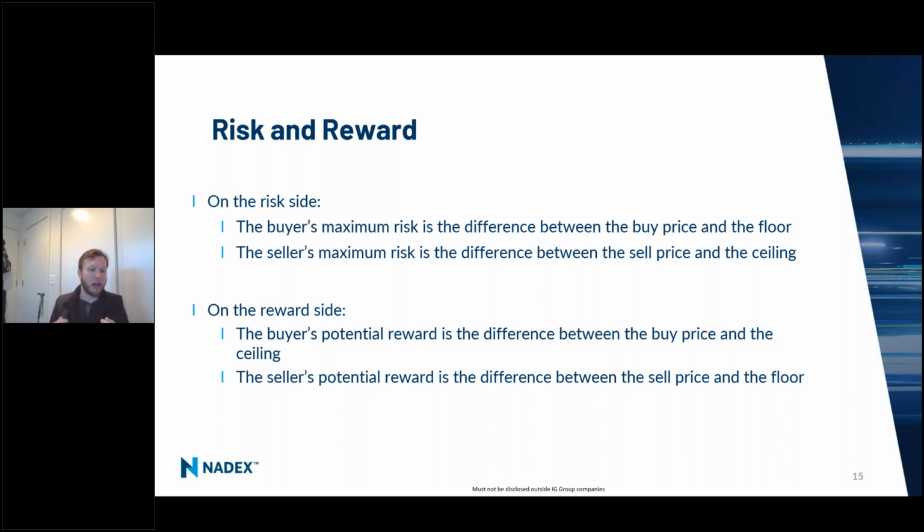Your maximum risk on that contract as the buyer is going to be 1820 minus 1800, because that's where the market is versus where the floor is. That's going to be 20. You need to take that tick count into a size, which is 0.1, so that's actually a 200 maximum risk. But very basically, on the buy side, what you're paying to get into the contract, and therefore your maximum risk, is going to be where the market is minus the floor price.